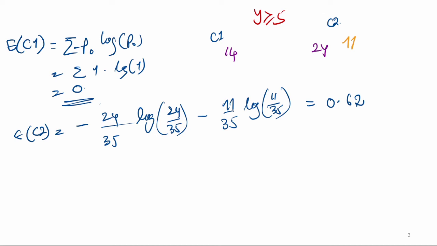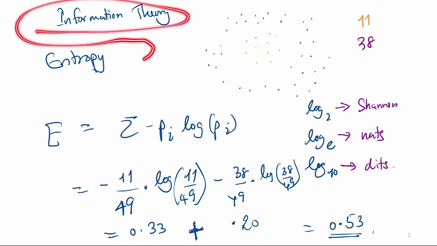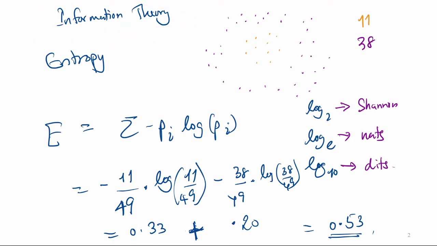All right, so now we have two children whose entropy values we know, as given here, right? Now we are going to look at what our information gain is, because in information theory, information gain is important as well as entropy.